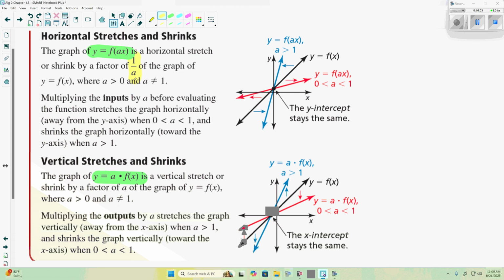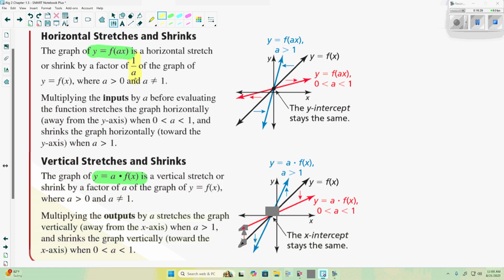Pay attention to that. It says f of a times x, where the horizontal stretch or shrink is a multiple or shrink by a factor of 1 over a of the graph. So if we stretch it or shrink it horizontally by 1 over a, we have to flip that amount.